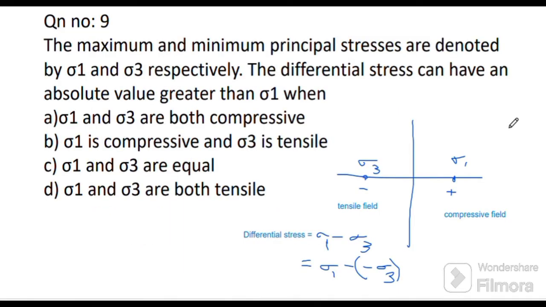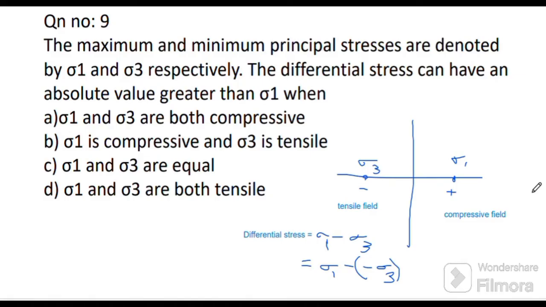Okay. Question number 9. The maximum and minimum principal stresses are denoted by sigma 1 and sigma 3 respectively. The differential stress can have an absolute value greater than sigma 1 when. To answer this question, you need to understand that if the principal stress is positive, the field is compressive, and if the principal stress is negative, the field is tensile. The differential stress is basically sigma 1 minus sigma 3.